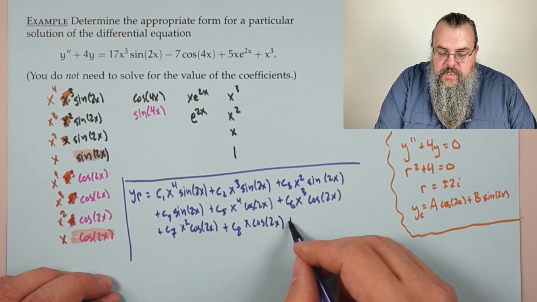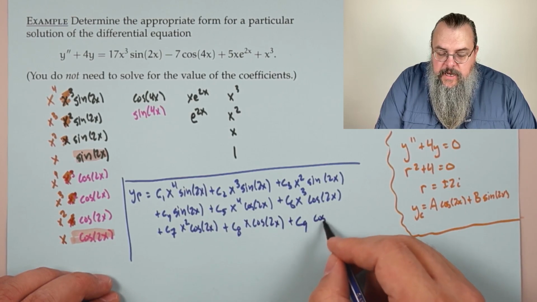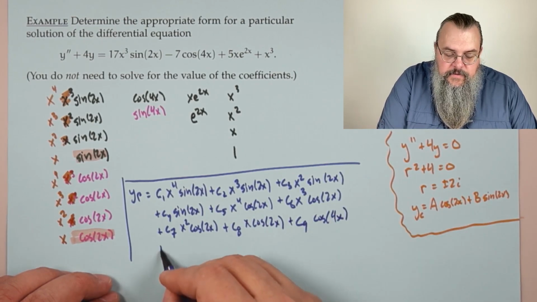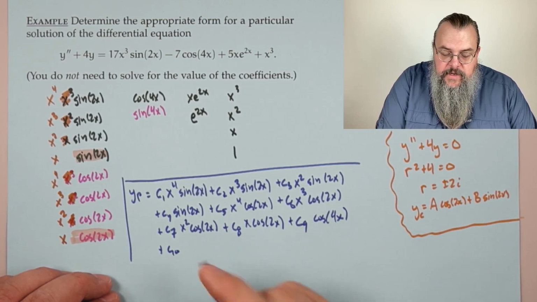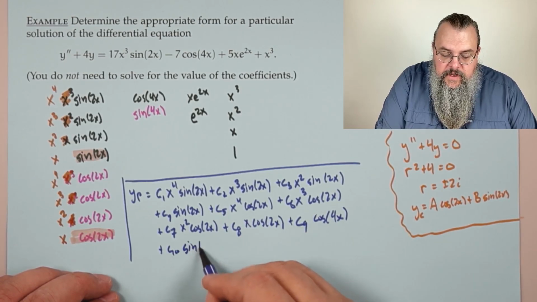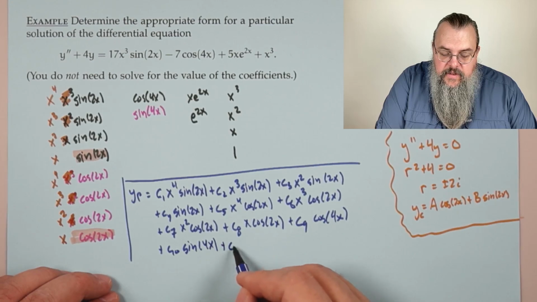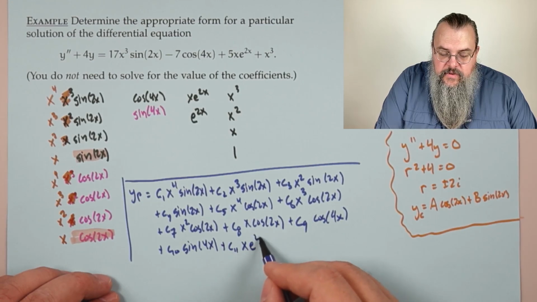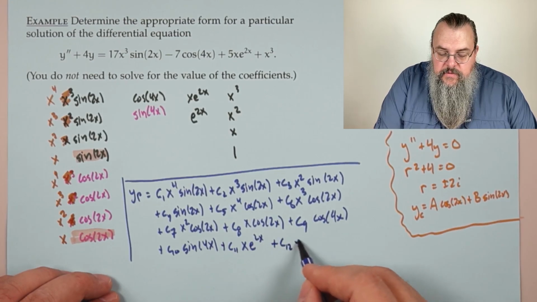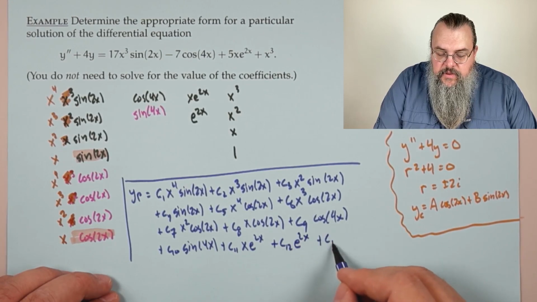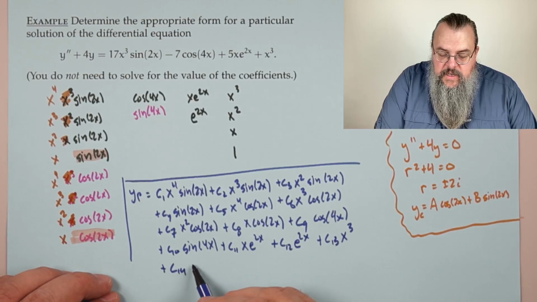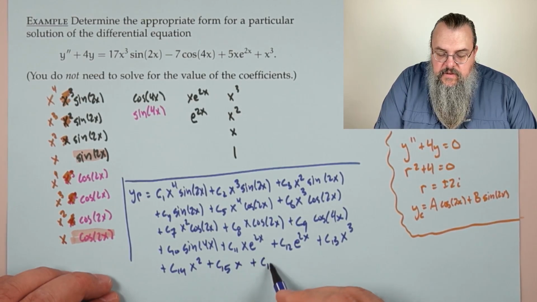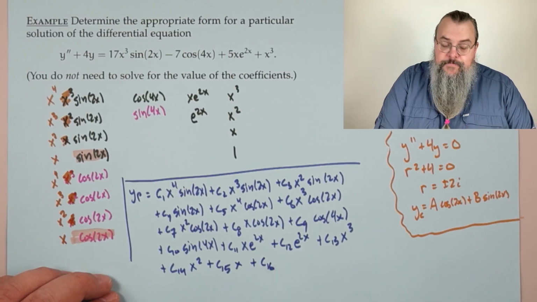And at this point, you're probably thinking, I'm really glad we don't have to solve for these coefficients. Me too. So, okay, where were we at? We had the c9 cosine 4x, c10 sine of 4x, c11 x e to the 2x, c12 e to the 2x, c13 x cubed, c14 x squared, c15 x, c16 times 1.